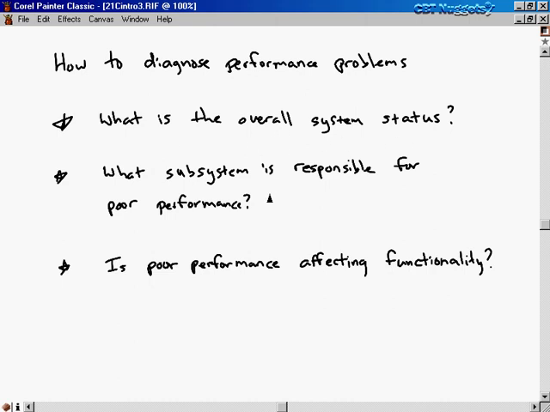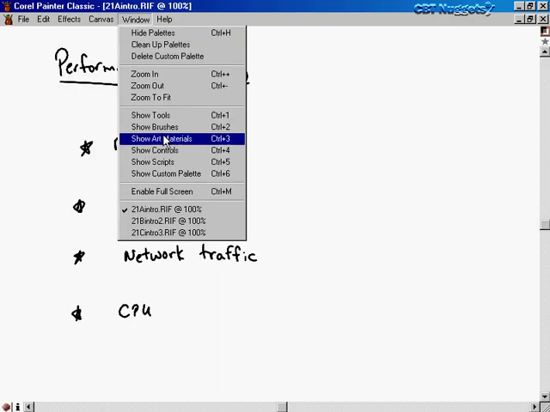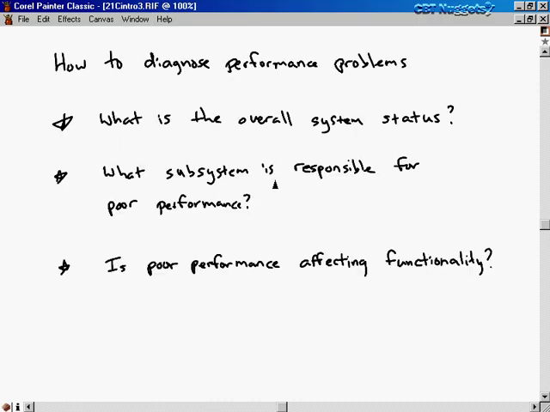Then you need to narrow down the subsystem that's responsible for the poor performance. Like on the first slide, where we said what the four systems were: the memory, the disk subsystem, the network traffic, or the CPU. We want to narrow down and say which one of these is the cause of the poor performance.